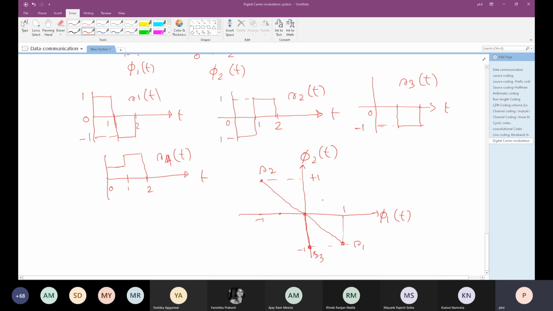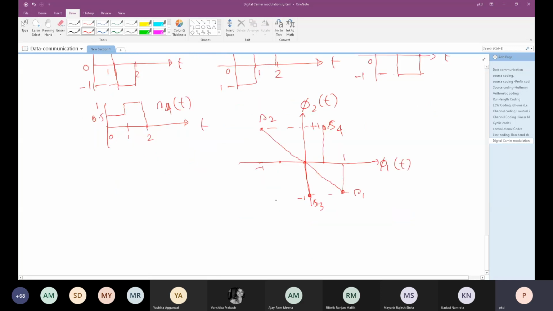This is S3, and for S4 suppose this value is 0.5 and that value is 1, so this is S4. So this way, in terms of two orthogonal functions or multiple orthogonal functions, we can represent various signals.